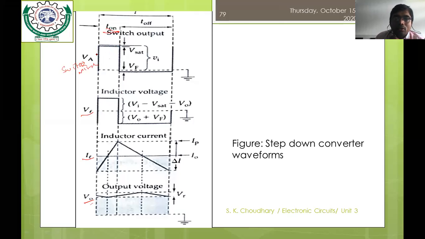So when your switch is on, this is the condition. This is T on when your switch is on, and this is T off when the switch is off. So when the switch is on, you can see that your inductor voltage would be Vi minus V sat minus V naught, that is positive. It is positive. Okay, and this is the reference level, the ground level, you can say.